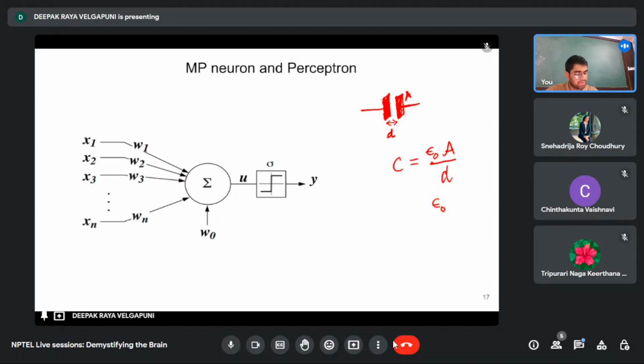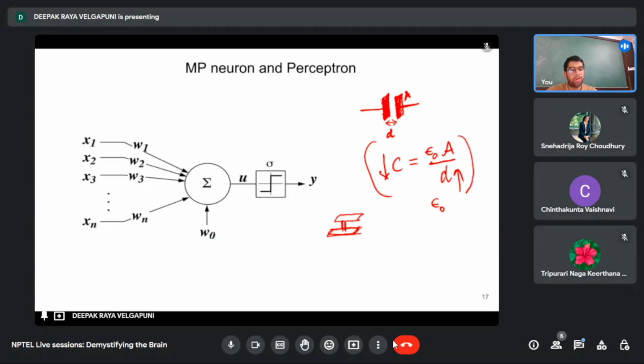So the membrane, this plate size corresponds to the area of the lipid bilayer, right? And this is the distance. So if the thickness increases, the distance between plates increases, and as distance increases, the capacitance decreases.